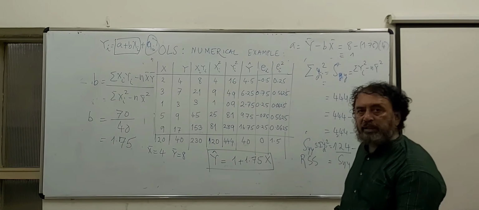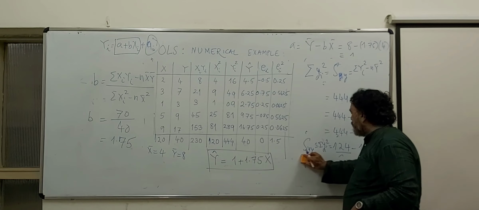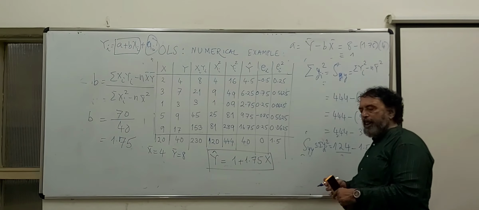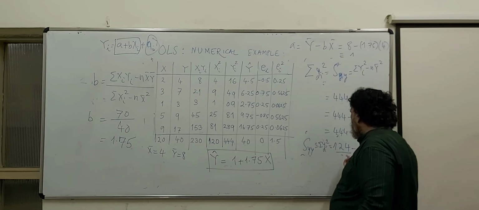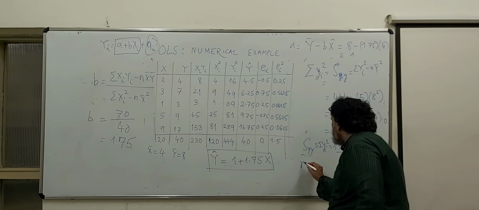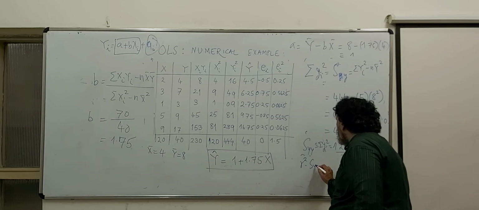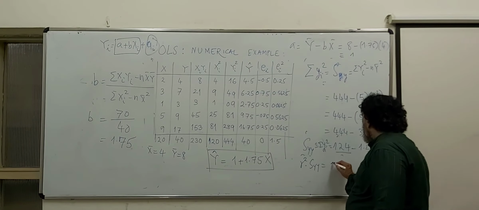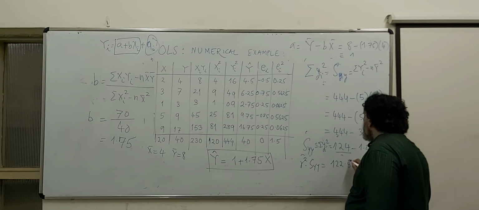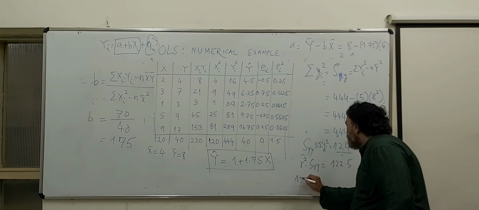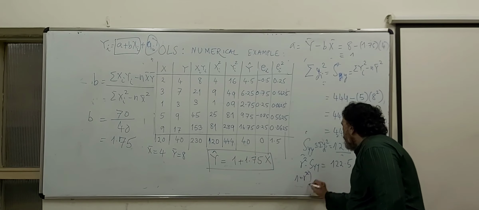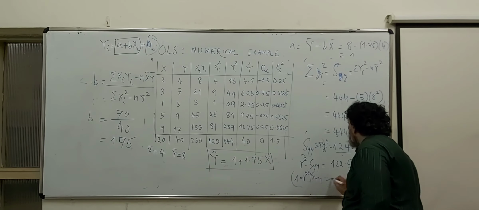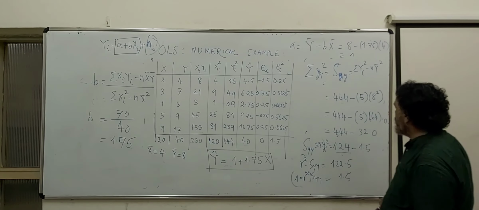The remaining part is really attributed to the relationship with x. And as we had derived, you can write it equivalently: the relationship with x is r square into S of y, therefore 122.5, and 1 minus r square into S of y is going to be 1.5.